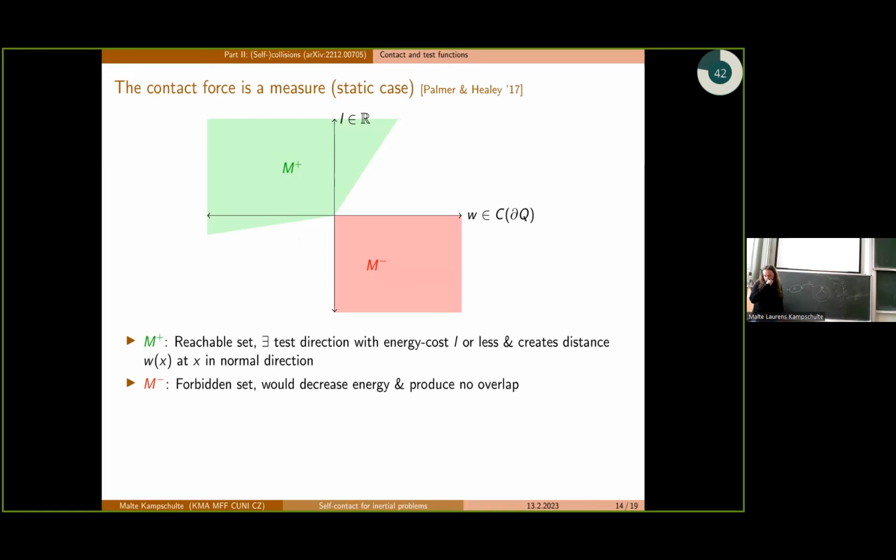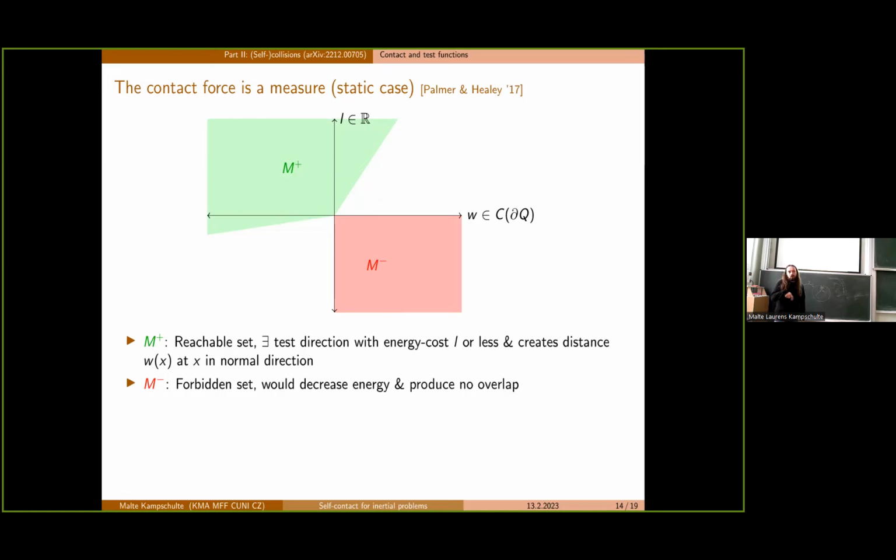And in contrast to this set, you have this forbidden set. This is the set where you gain distance and you gain energy. Since we started with a minimizer, it's impossible to get into that set. That would contradict having a minimizer.